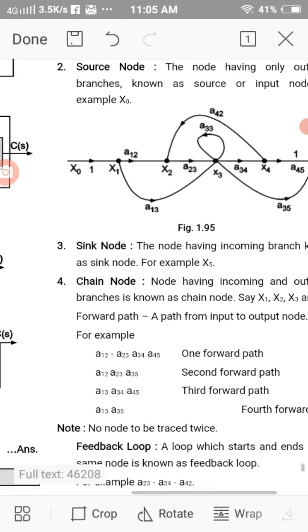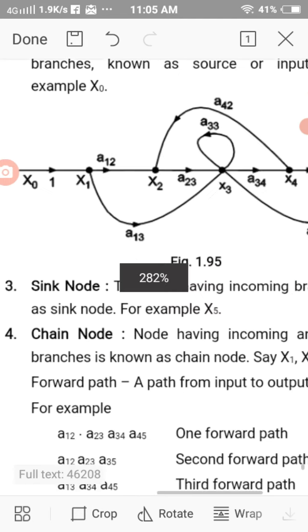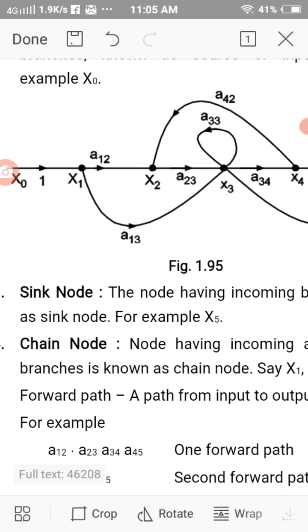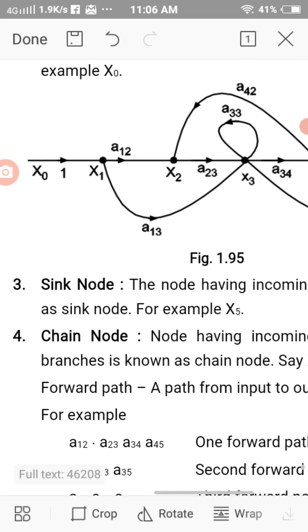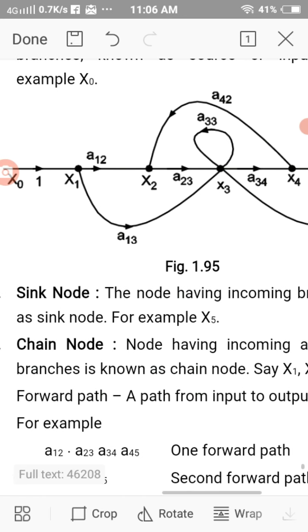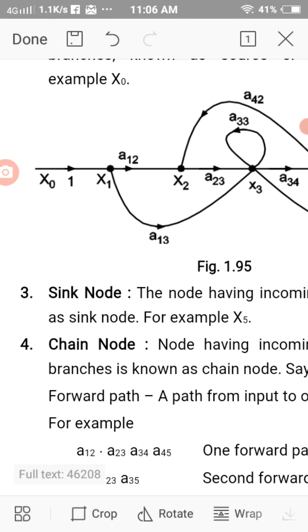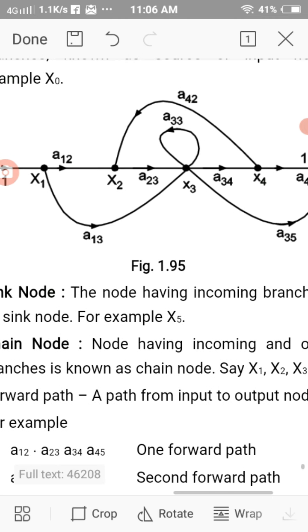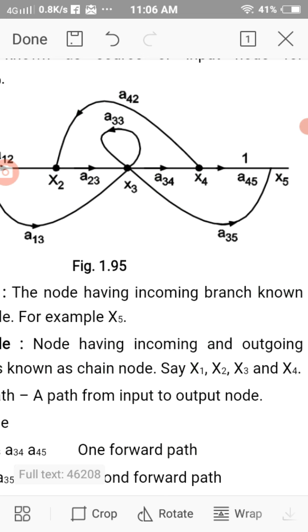Let us see an example of a signal flow graph. It can be represented using blocks as well as flow graphs. This 4 direction arrow is also there. Then nodes x0, x1, x2, x3, these are the nodes.